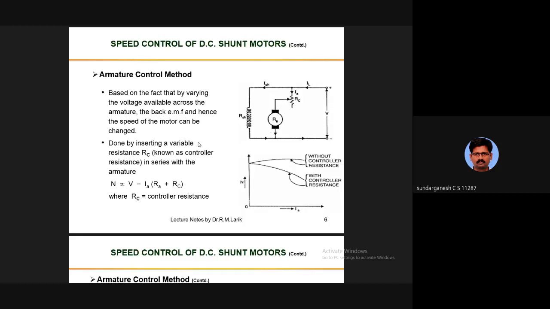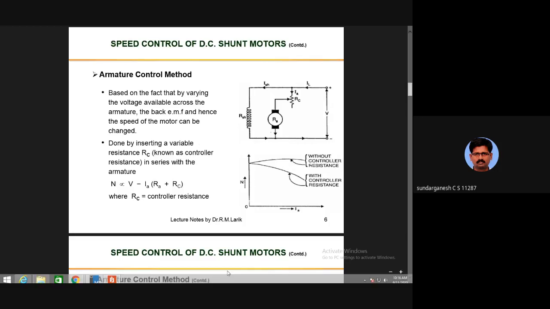Now the back EMF equation, normally Eb equals V minus IaRa, becomes V minus Ia(Ra plus Rc). Both resistances will add up.